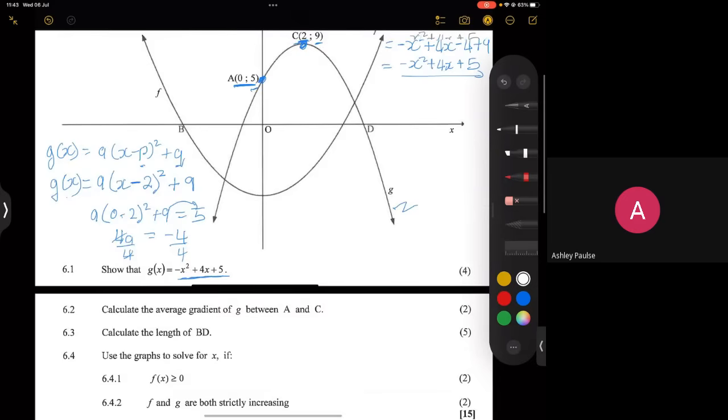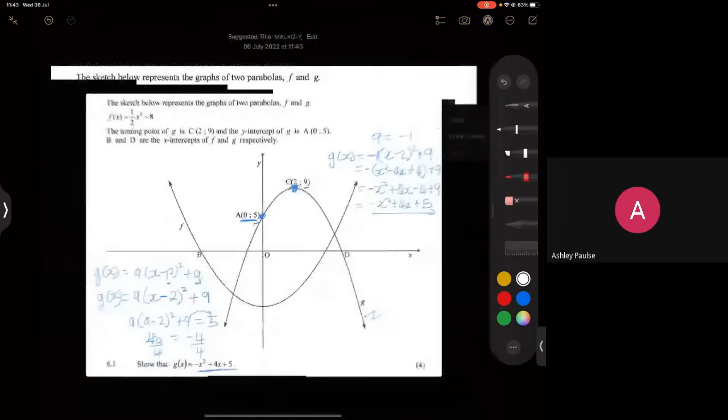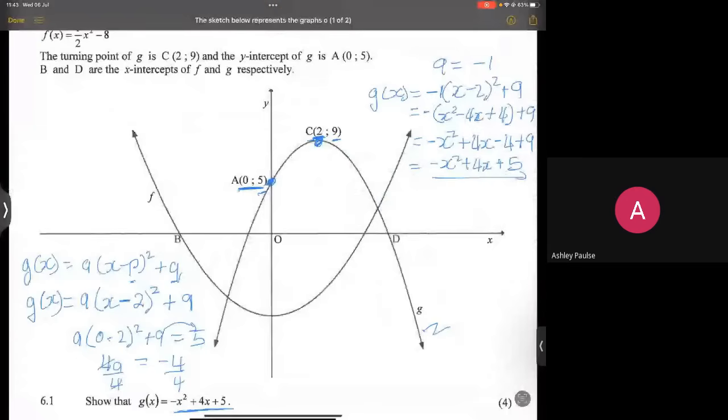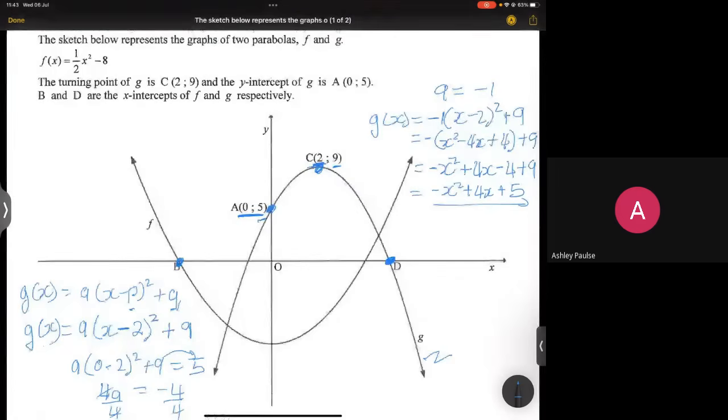Right. Now, we're looking at B. So we're looking at that point there, and we're looking at that point there. So that means that we have to find the x-intercepts for both of the graphs. Now, for the first graph, f of x, the equation was given to us, right?